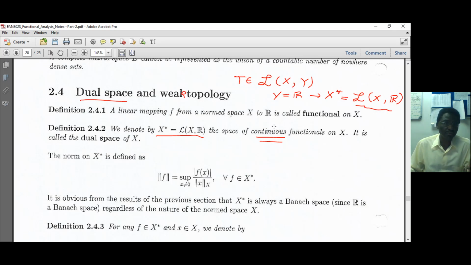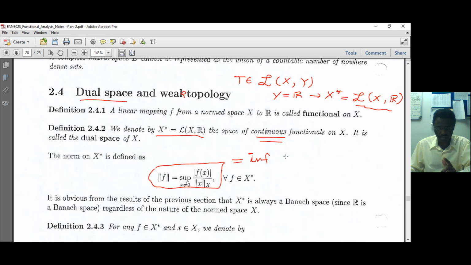And we know already that for a dual, the norm on X star is the operator norm, which is given by this. We know that there are many equivalent definitions, and they still hold.